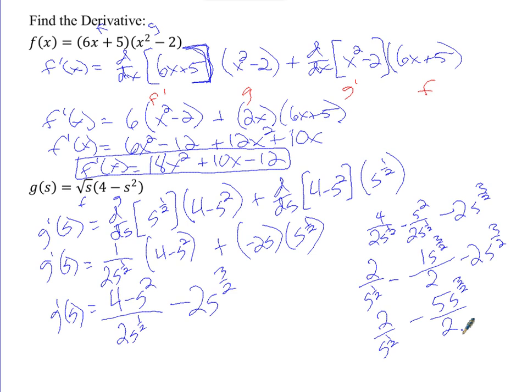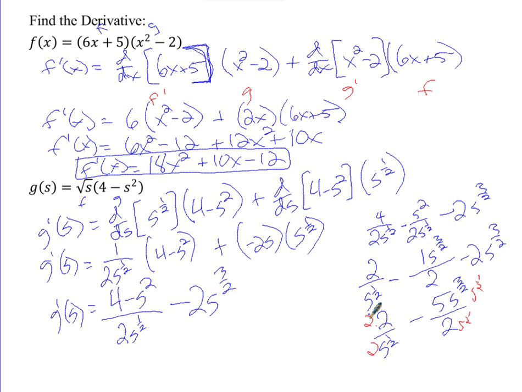You want to know what's really fun? You can make a common denominator here. Multiply the top and bottom of this one by 2. And multiply this side by s to the 1/2. That's one of the most frustrating things about this class, the algebra afterwards.